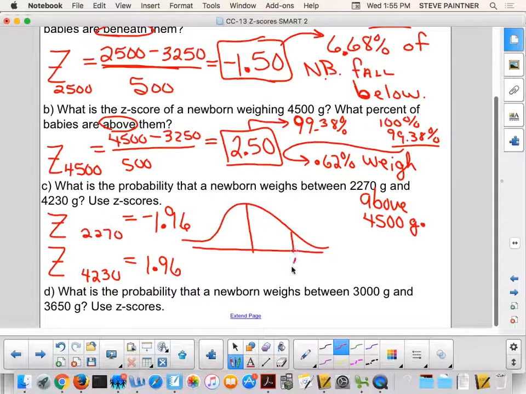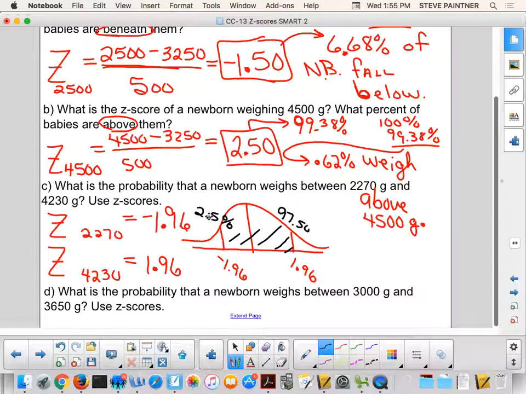A 1.96 would be here, and a negative 1.96 would be here. Tell me the percentile for 1.96. 97.50, falling below. What's negative 1.96? 2.5%.